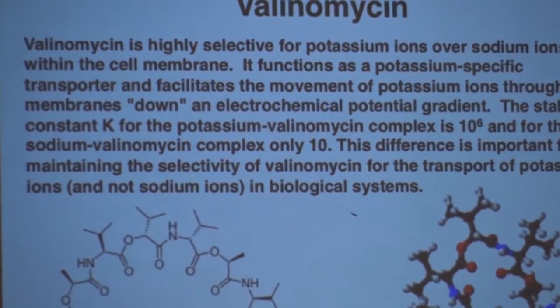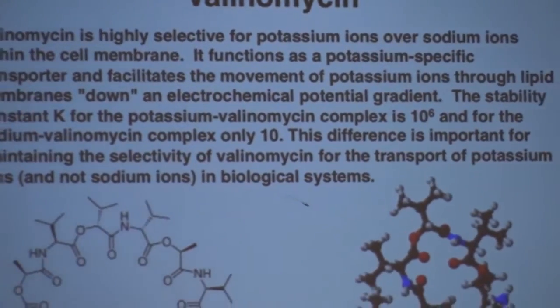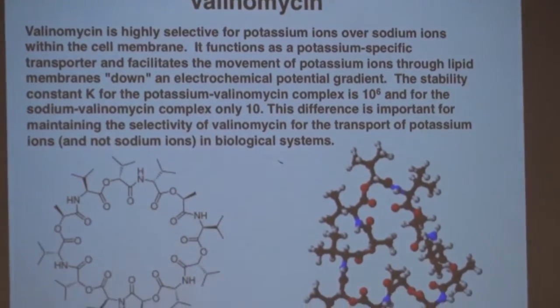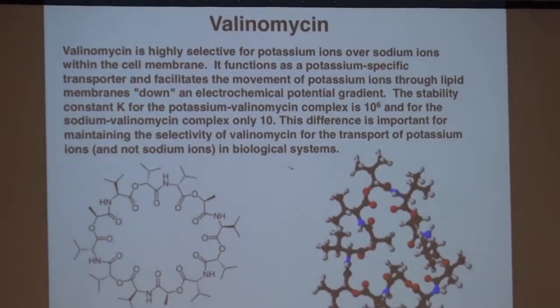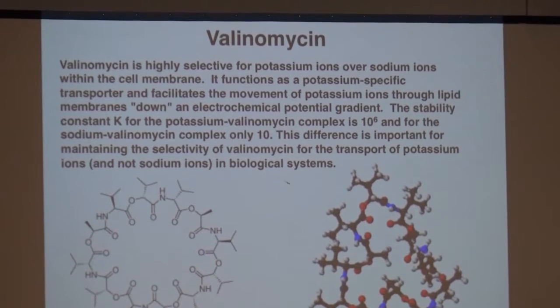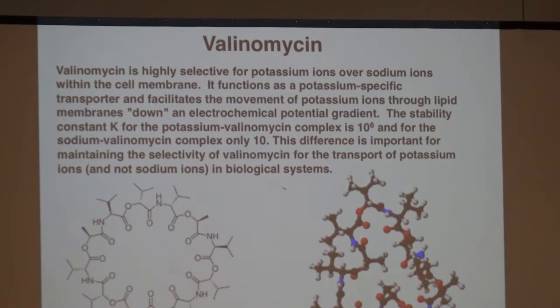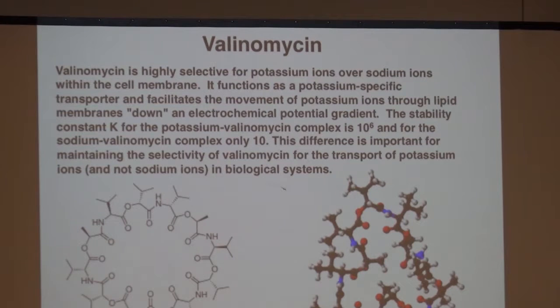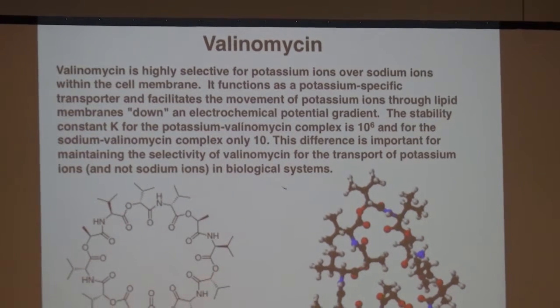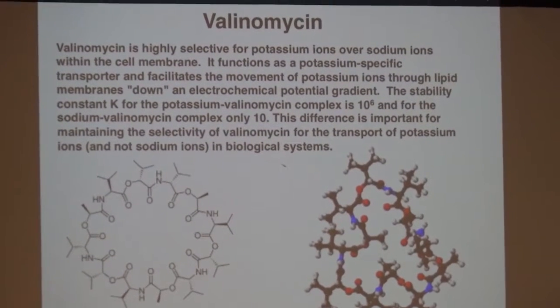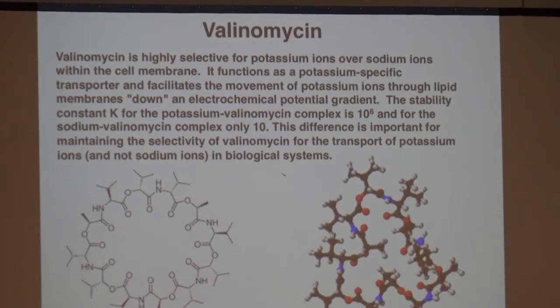So I introduced this other word, ionophore. Ionophore is basically another word for chelating agent, but it sounds fancier. Ionophore literally translates to ion lover. So that's what a chelating agent is, isn't it? It's an ion lover. But ionophores typically are a lot more selective.